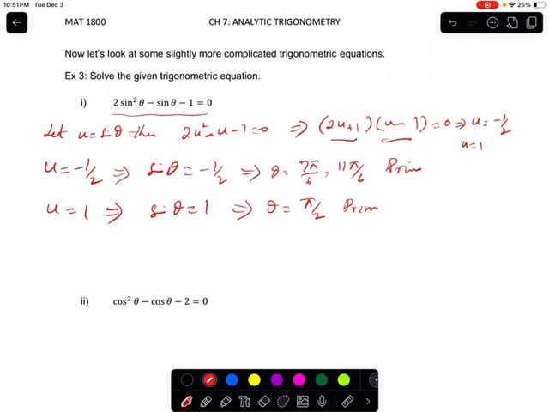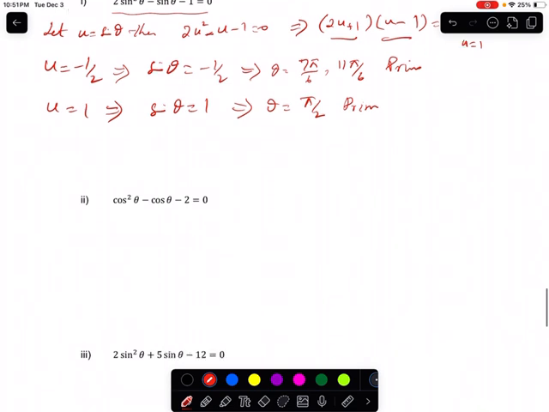Looking at the next example, this is also quadratic form. So let u equals, now you can do the substitution, or if you can do it without substitution, directly from here factor, thinking of this as like x square or u square. So you have cosine of theta. Okay.